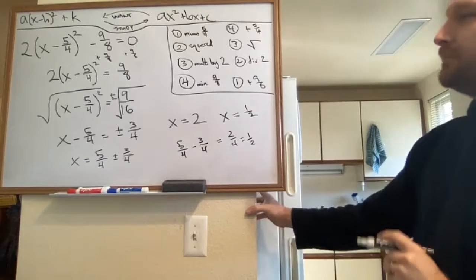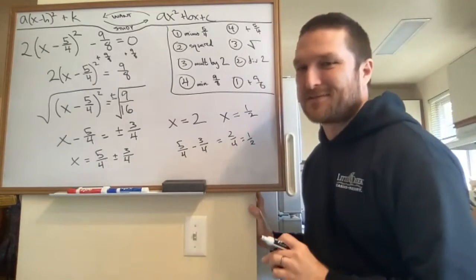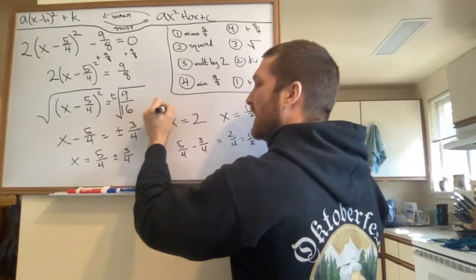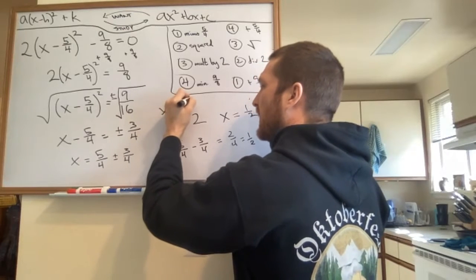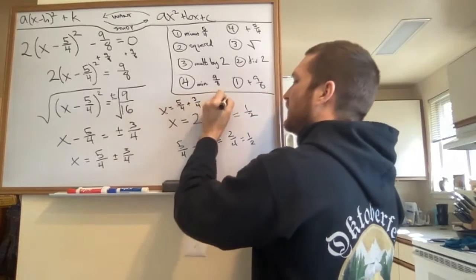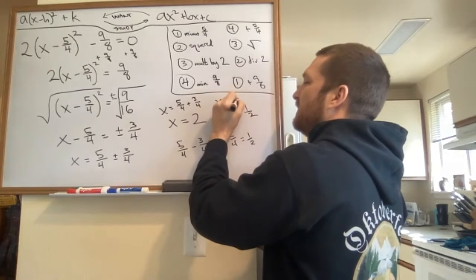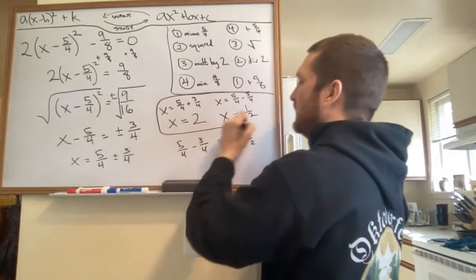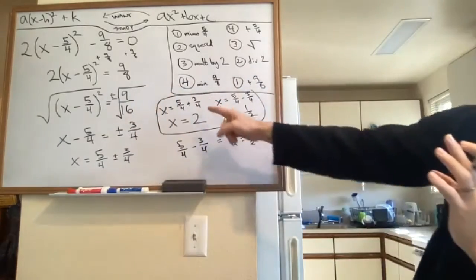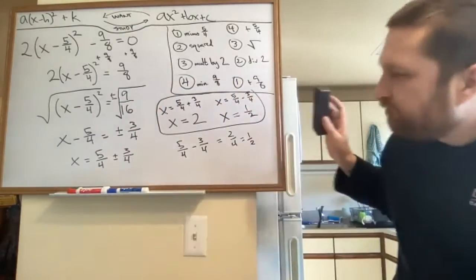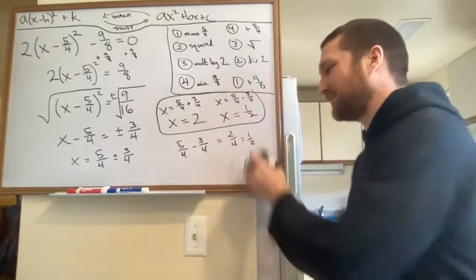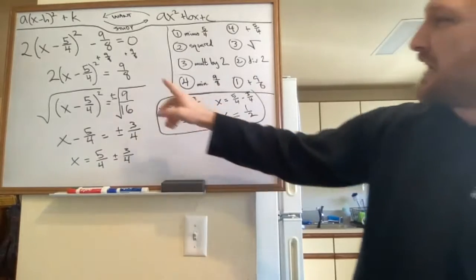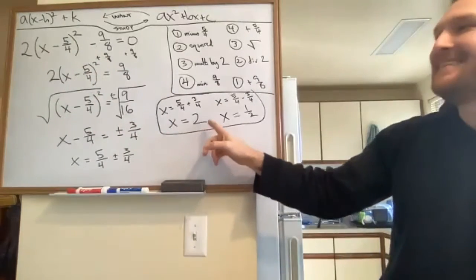Now, let's say we wanted to check this. And actually, let's do this a different way. We could have written this as 5 quarters plus 3 quarters, and we could have written it as 5 quarters minus 3 quarters. So we had an option. We could have kept it like this or kept it like that. Usually this is what we've been doing for a long time now. Well, if we were going to check this, one of these is really easy to check.